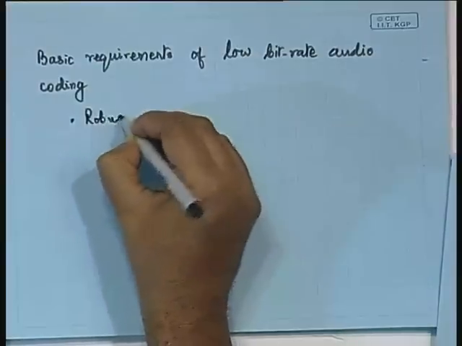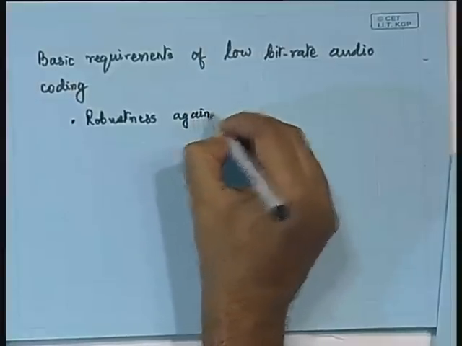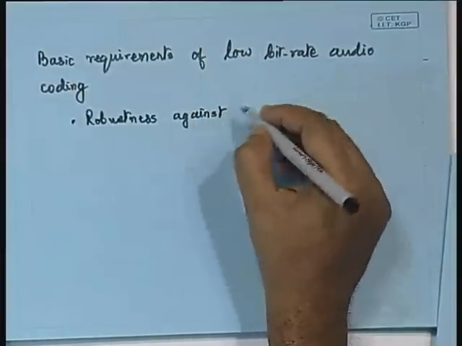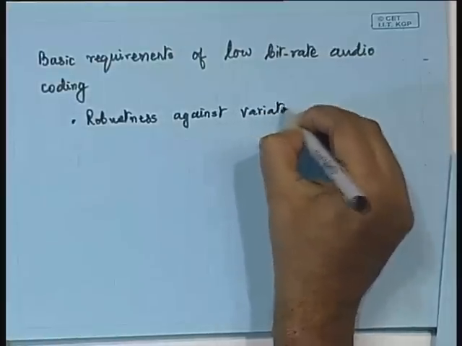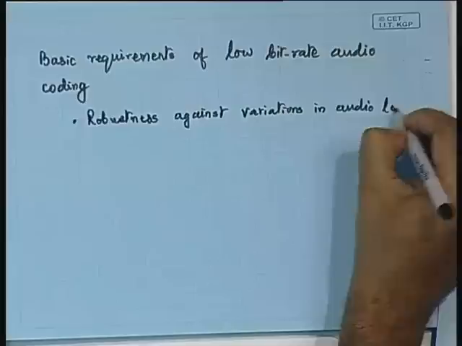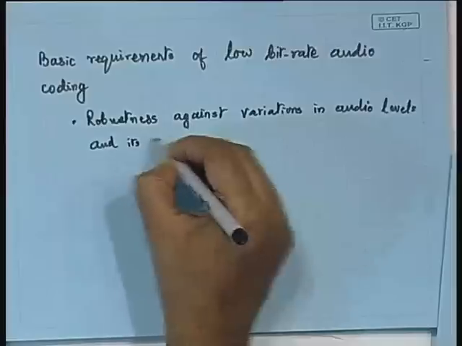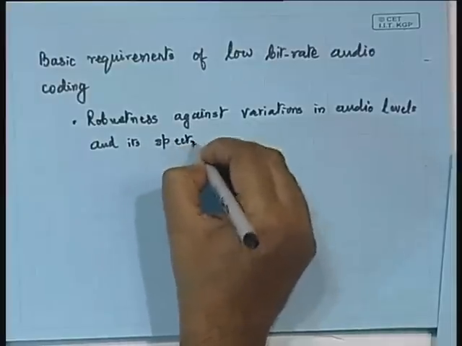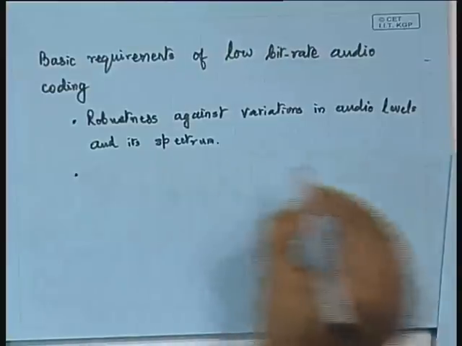So, there should be robustness against variations in audio levels, because variations will be there. So, your audio coder should be robust against variations in audio level, and not only the audio level, but also its spectrum. Spectrum means the frequency spectrum.